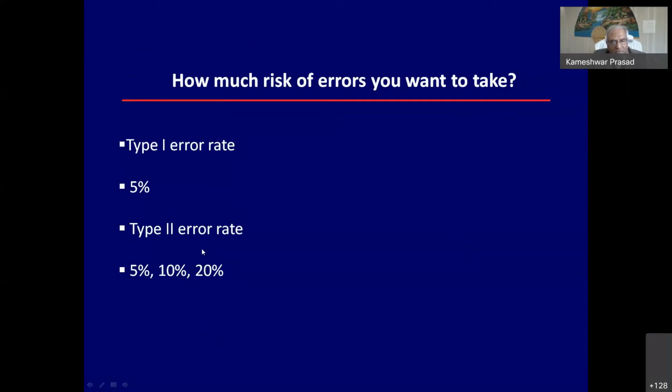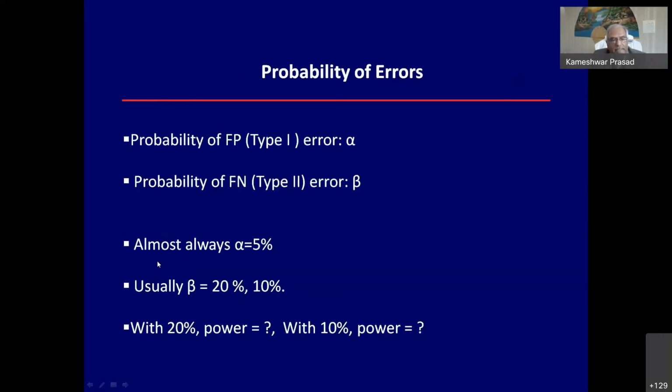Dr. Kumar Beli was asking how much should we take. 20% is acceptable. But if a company is doing a drug trial, they don't want to miss the true effect of the study, so they may take 10% beta. Still stricter may take 5%, very rare. So remember, probability of false positive error, called type 1 error, is alpha.